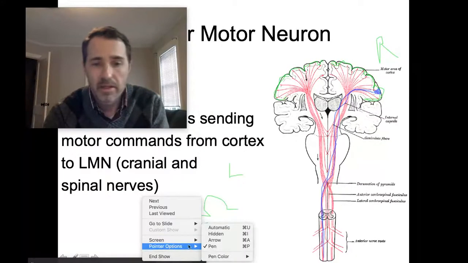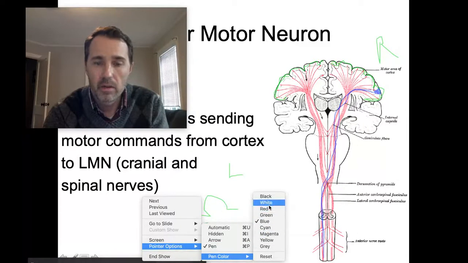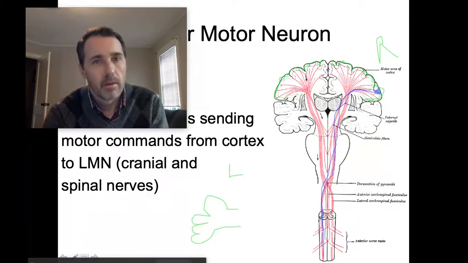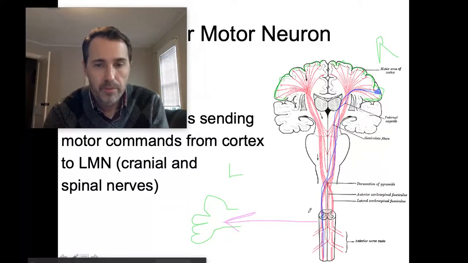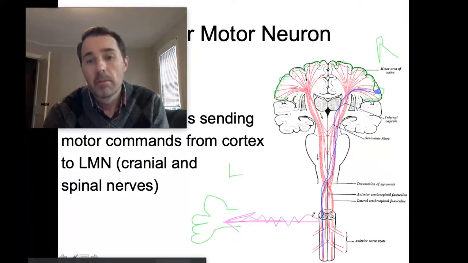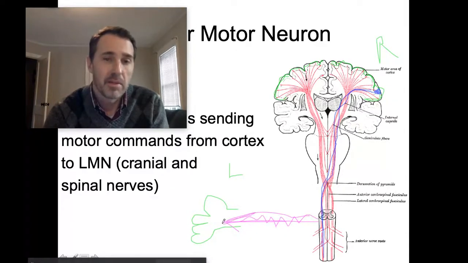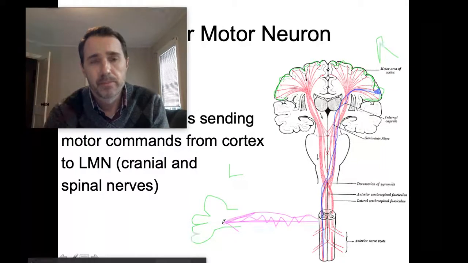So it is going to travel now along the peripheral nervous system. So that peripheral nerve moves out to my hand, and that motor plan now gets transmitted out to the muscles of my hand, and my hand moves.